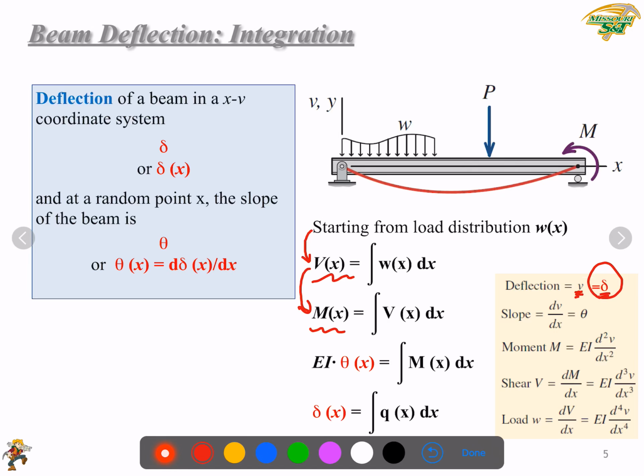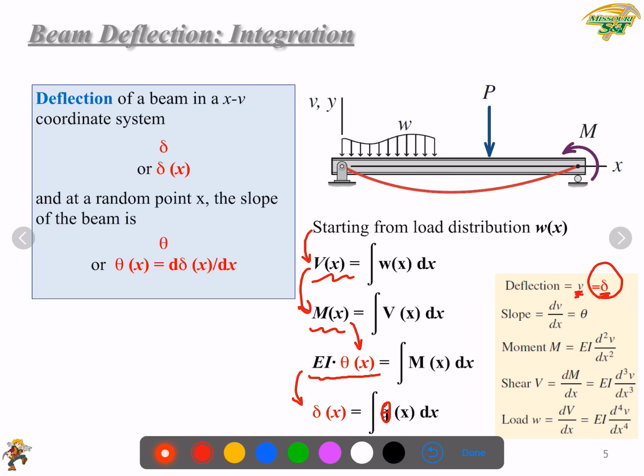And I can tell you that if you do another integration, you will get the distribution of slope, theta x. Strictly speaking, that should be EI times theta x. So if you do the fourth integration, you will get the deflection distribution function, that is delta x.